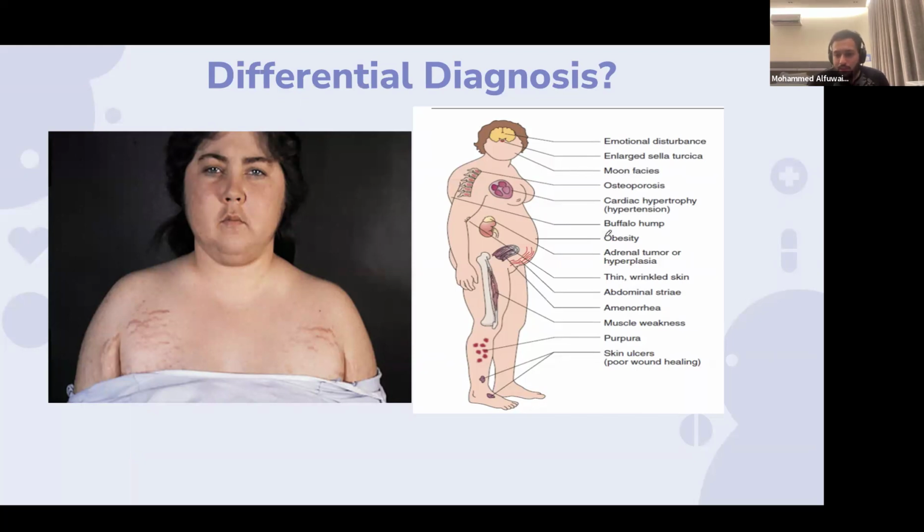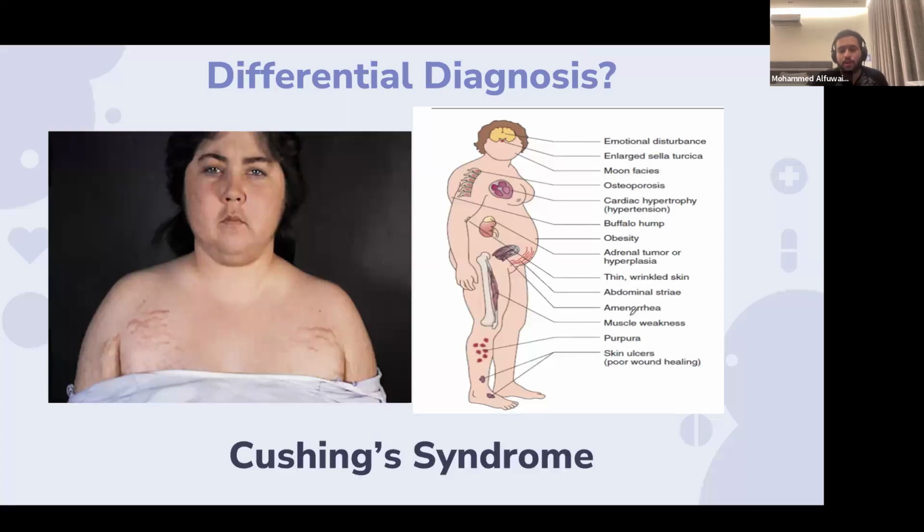Now, the main pathology in the adrenal gland is Cushing's. Signs and symptoms of Cushing's disease, or Cushing syndrome, we mentioned before: moon facies, buffalo hump, osteoporosis, heart disease, obesity, poor skin and wound healing, skin ulcers, muscle weakness, and so on and so forth. We also mentioned what lab investigations you want to do.